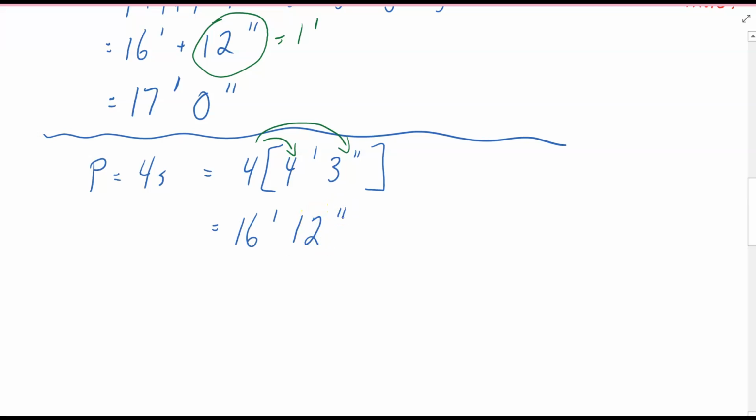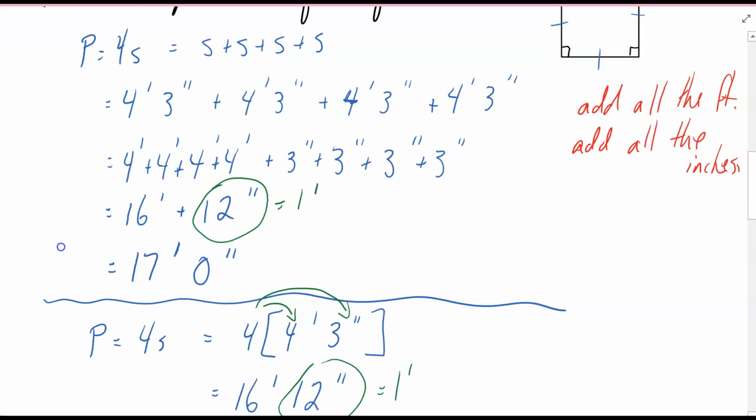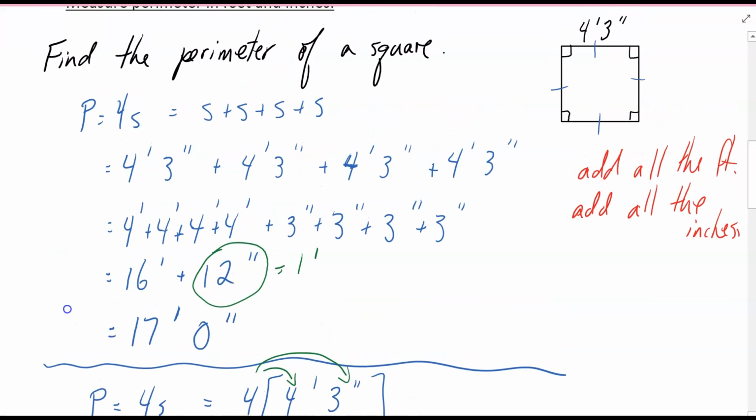From this point, we recognize that 12 inches is equivalent to 1 foot, and so we are at 17 feet. Now, that seemed a lot faster, so that's probably the way you would want to do it. Whereas, if you're trying to visualize what's going on, the first way is the way to visually see what's happening.